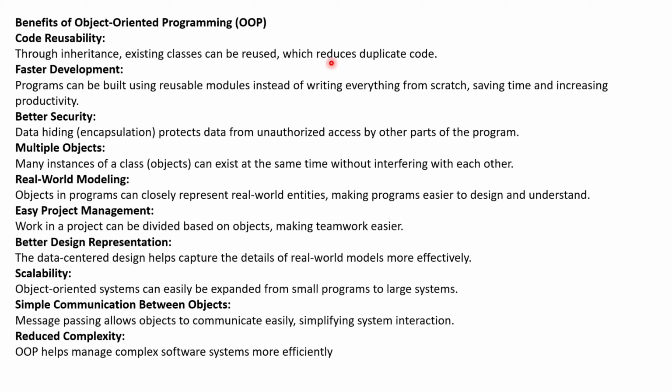Code reusability refers to inheritance, where we use the code of parents in our child classes just by taking inheritance. Another one is faster development, where programs can be built using reusable modules instead of writing everything from scratch, saving time and increasing productivity.